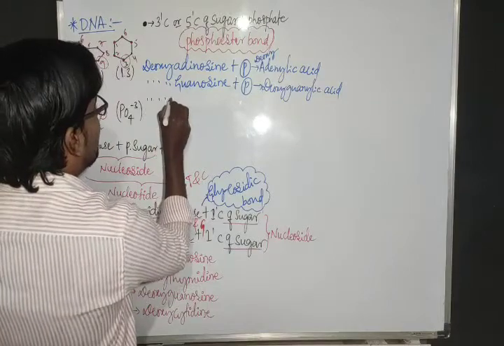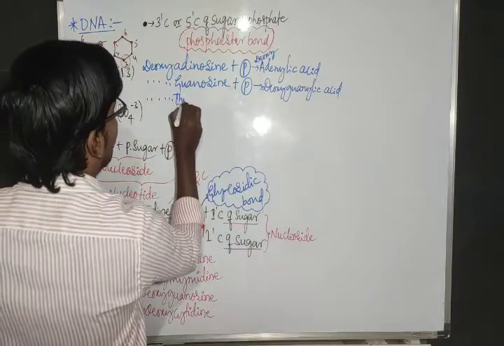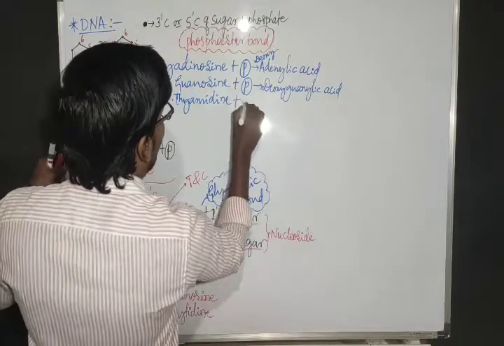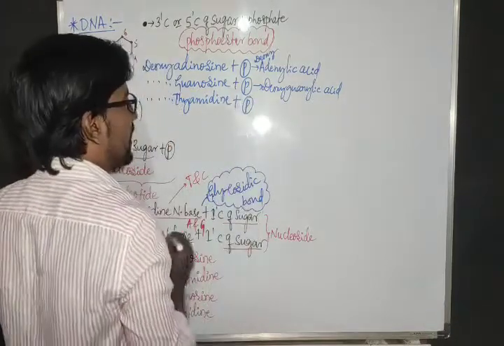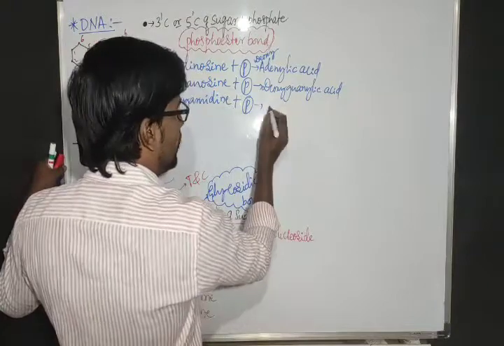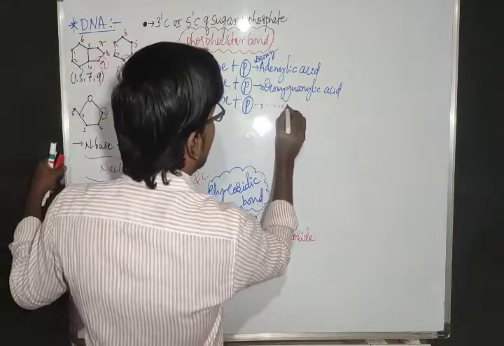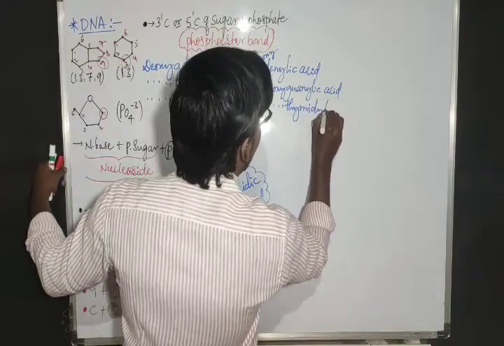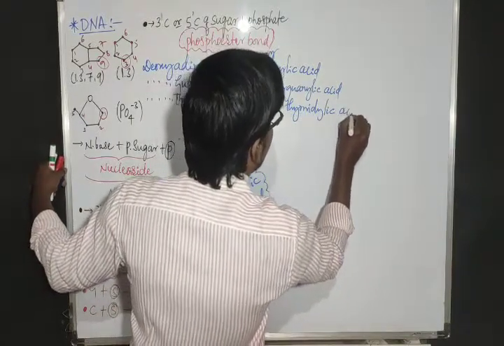Then deoxythymidine plus phosphate. Then the nucleotide name is deoxythymidinic acid.